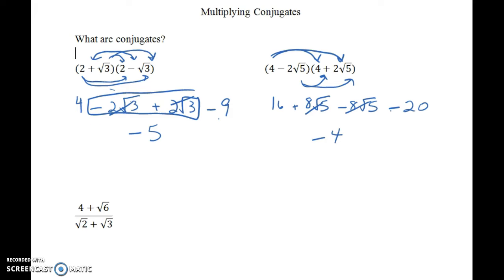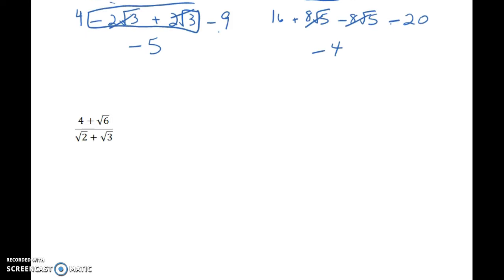At times, you're going to be asked to rationalize denominators. And that's what this third example is all about. How do we get rid of the square roots in the denominators? We need to use a conjugate to do this. That way we get rid of the square roots.